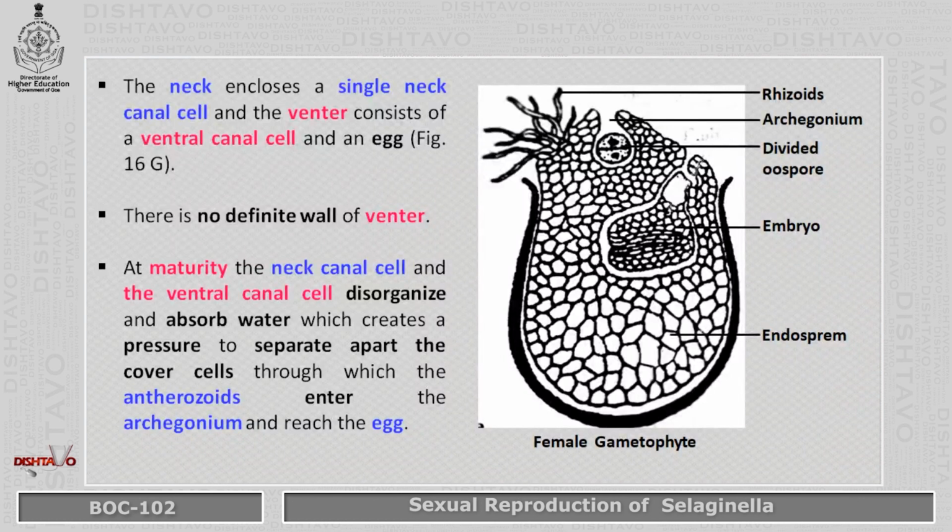At maturity, the neck canal cell and the ventral canal cell disorganize and absorb water, which creates a pressure to separate the cover cells, through which the anthrozoids enter the archegonium and reach the egg. This is the picture of the female gametophyte showing the rhizoids. This is the flask-shaped archegonium, and there is the embryo here and this is the endosperm.